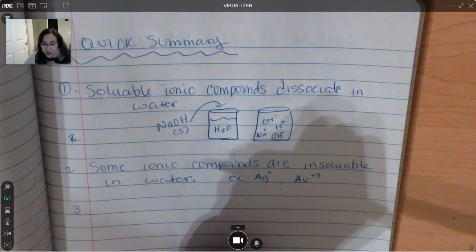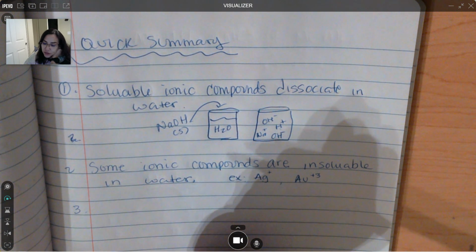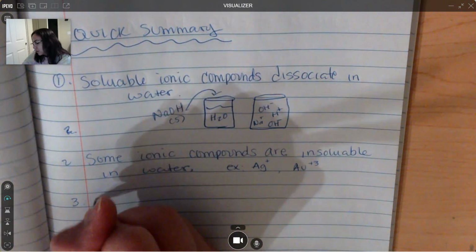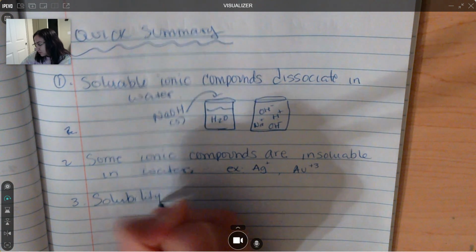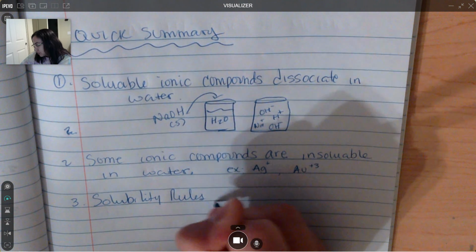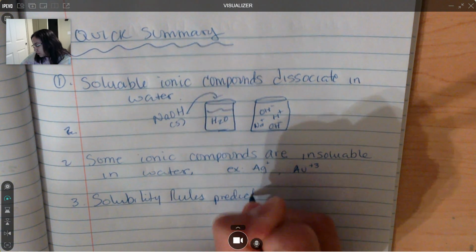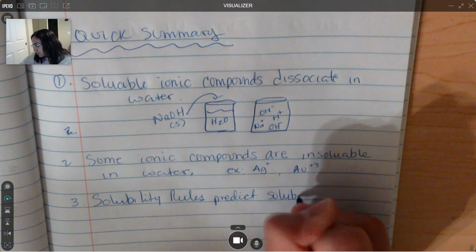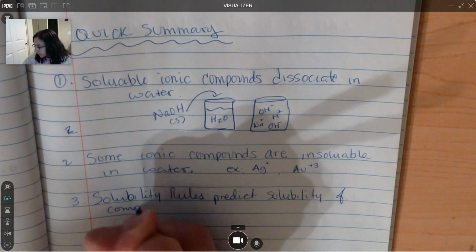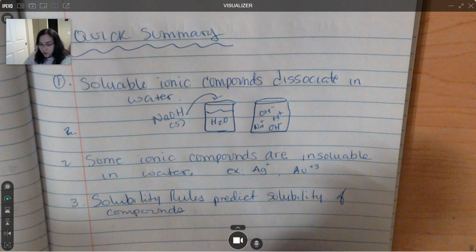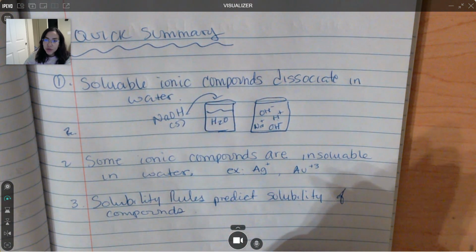Number three, solubility rules predict solubility of the compounds. With the solubility rules, what you really want to do is just look into your book.